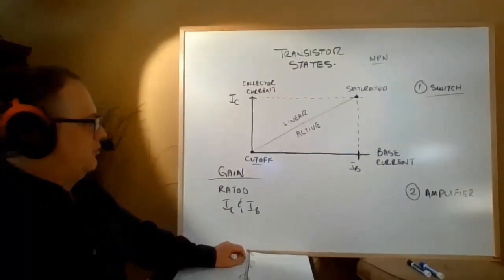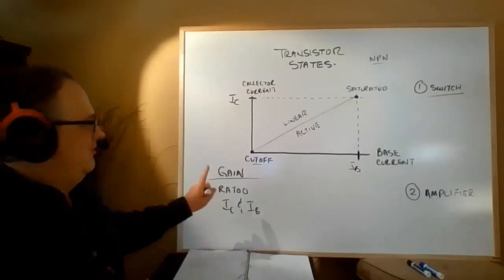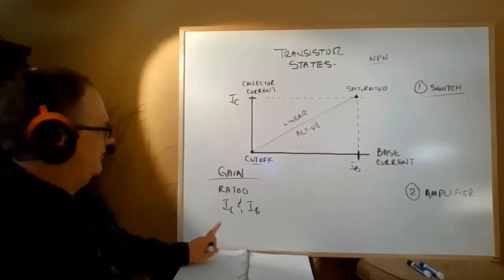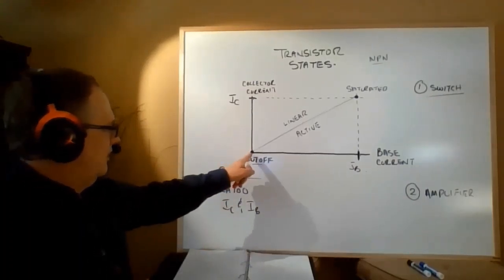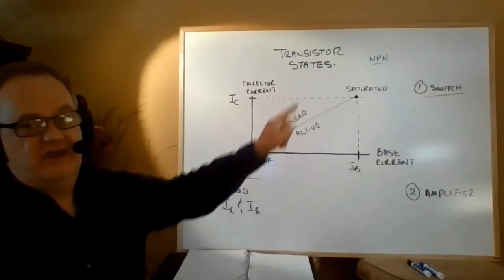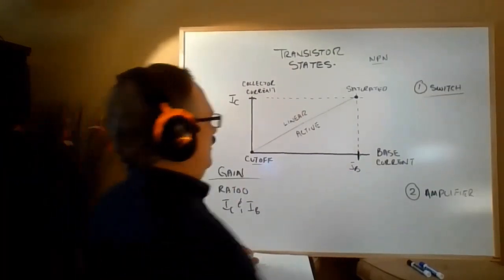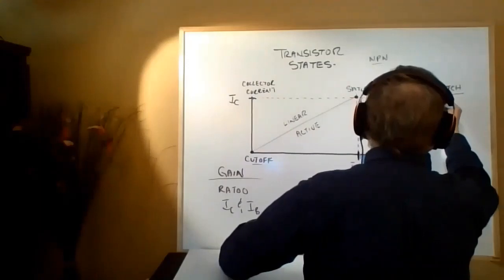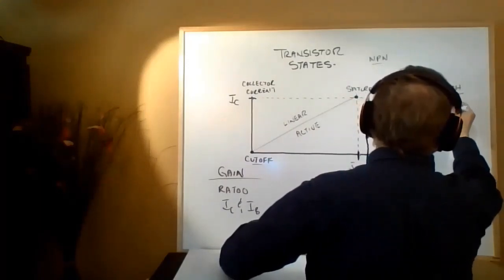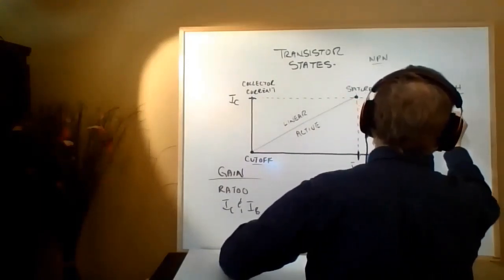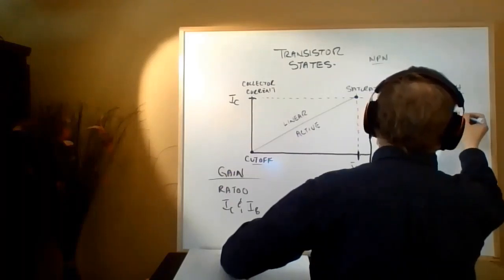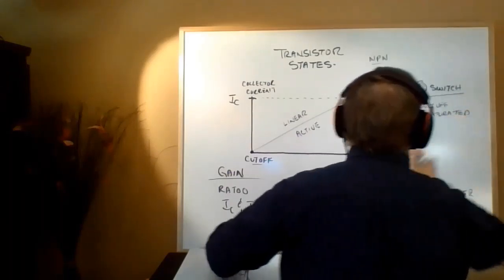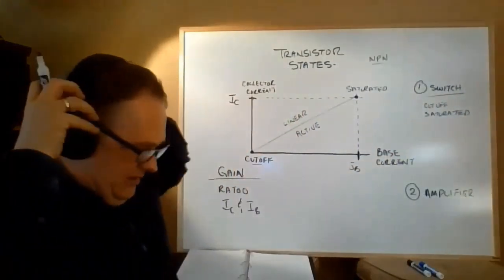Now, as a switch, the only thing we're concerned about is where's cutoff and where's saturation. So as a switch, we use it between these two states. It's either cut off or it's saturated.